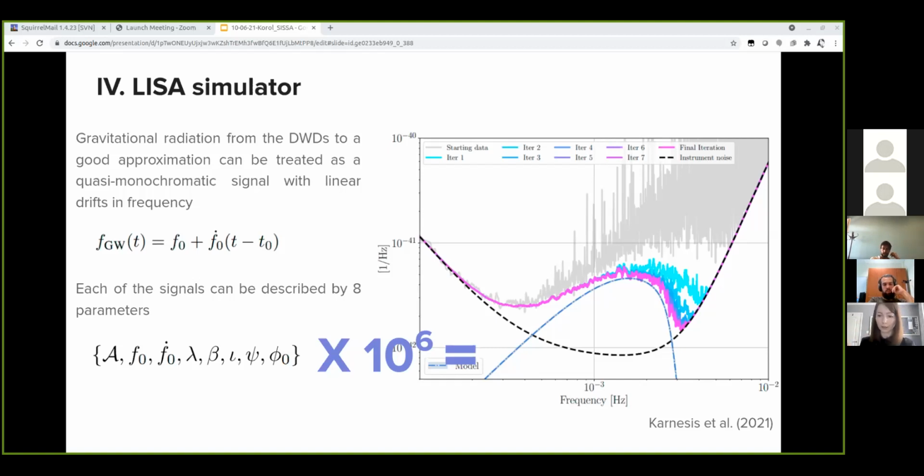In color lines here, you see different iterative steps. In each of them, binaries above the threshold have been removed from the sample.